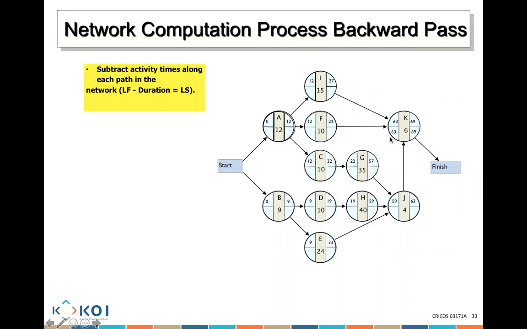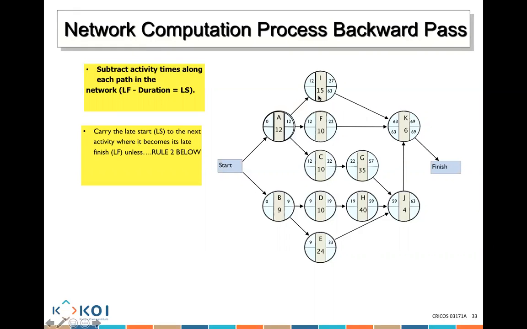Next, my latest start time becomes the latest finish of the next one. So this latest start of 63 moves here and becomes the latest finish. If this one starts at 63, this one finishes at 63.